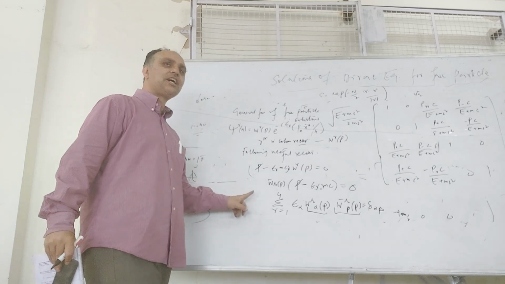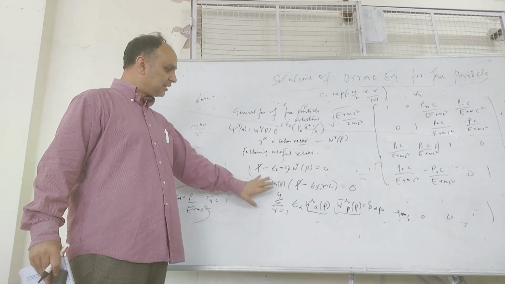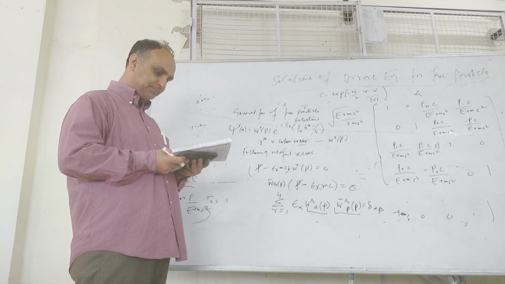So the thing is just like you write Kronecker delta. So you can write these two solutions in compact notation like this.